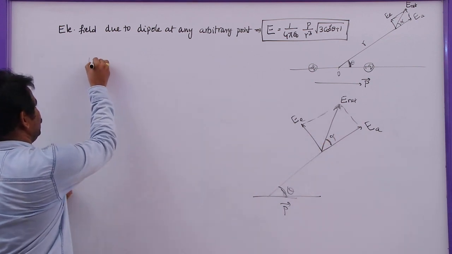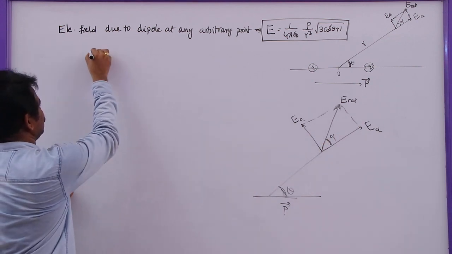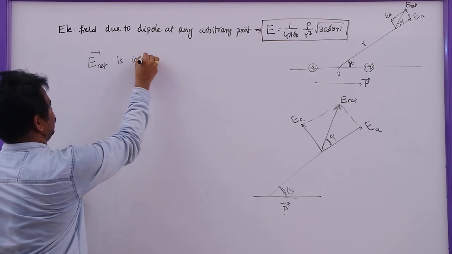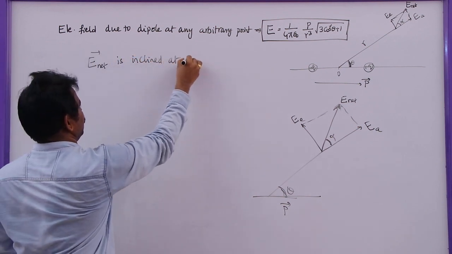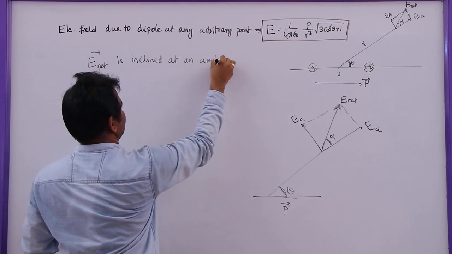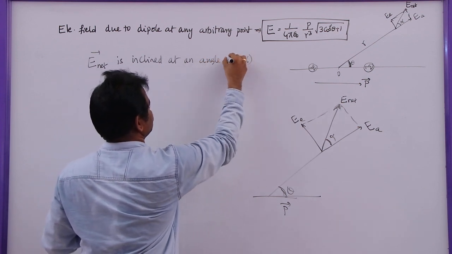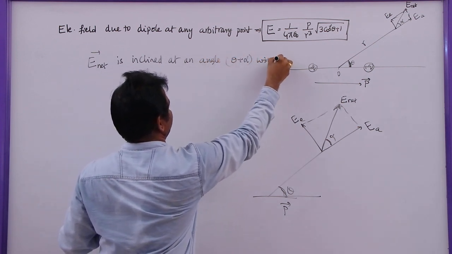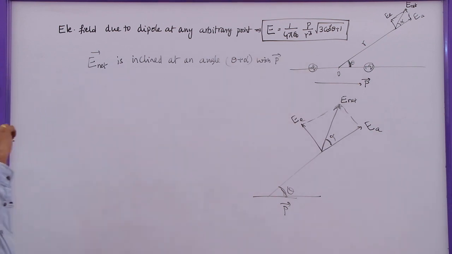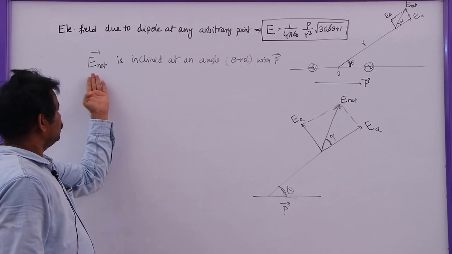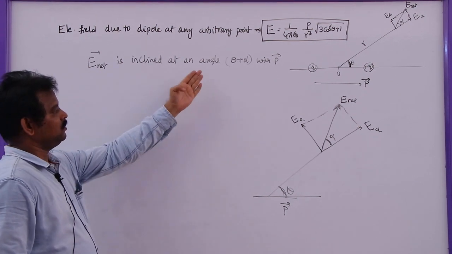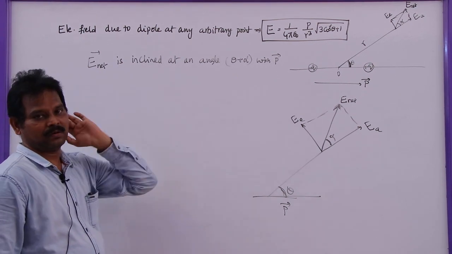So E net is inclined at an angle theta plus alpha with p bar. That is the direction of the dipole moment. The net electric field is inclined at an angle theta plus alpha with p bar.